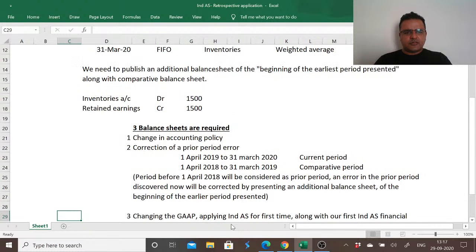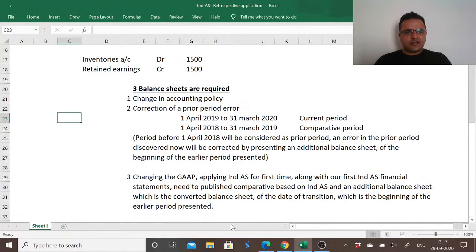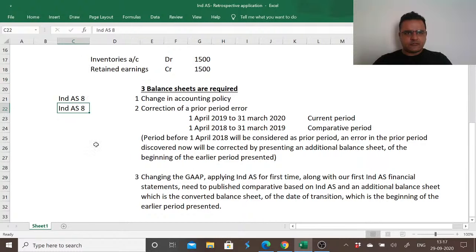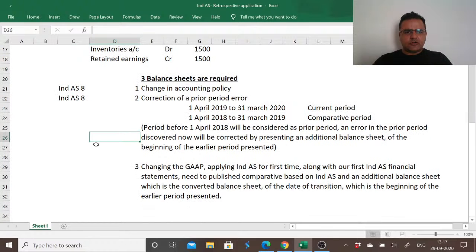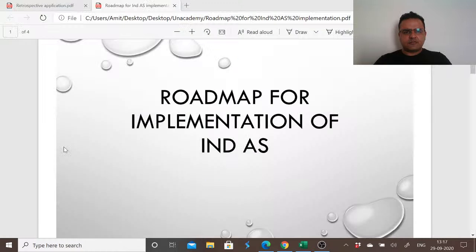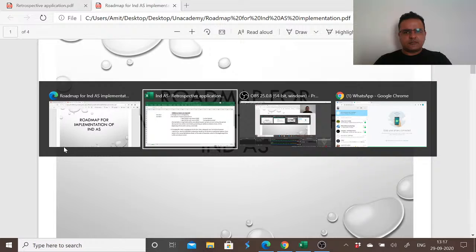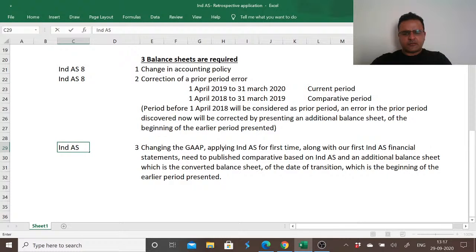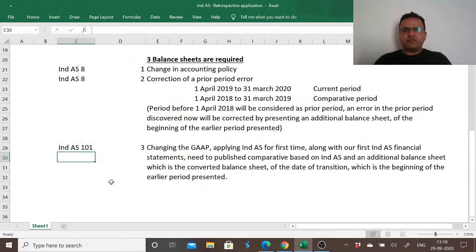Now for change in accounting policy and correction of a prior period error, Ind AS 8 is applicable. But for applying a GAAP for the first time, the standard applicable is Ind AS 101. That is first time adoption.